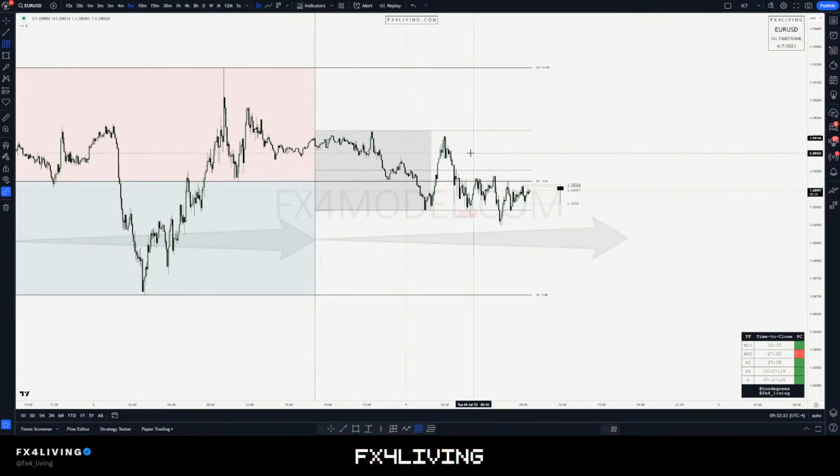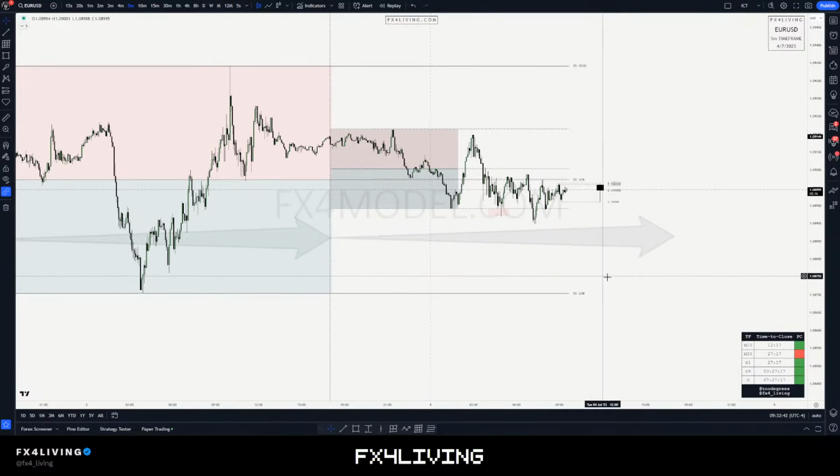Then after, when the range closes at 2 a.m., I want to identify where the 50% of that range is, which is automatically shown with a 50% range line. So you don't really need that. You can show that to somebody so they can understand better.